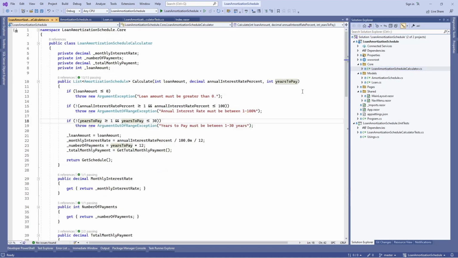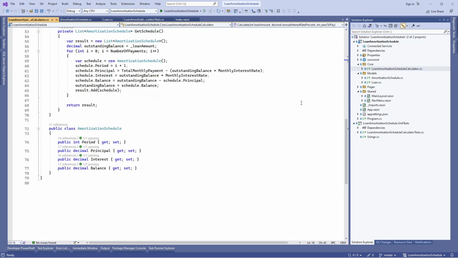For this one, the core would be the actual application code, or the actual logic, and part of that is this amortization schedule. So ideally we would still split this class into its separate namespace. If you are following clean architecture, you have the core, and this would be your domain class, or an entity of some sort.